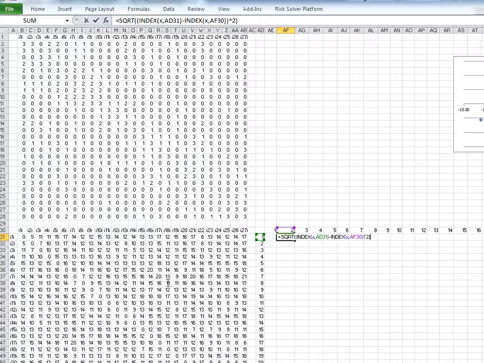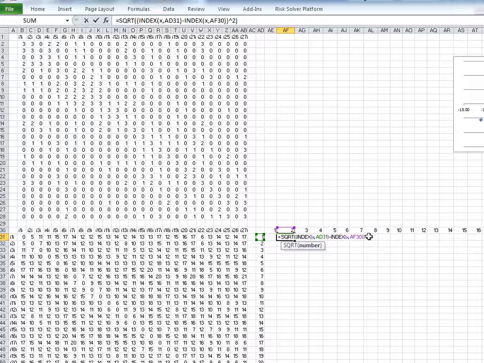So this is one x coordinate, this is another, this is the difference between the two, so it's the horizontal difference, or delta x, squared, and we get the square by clicking Alt and 94 and then releasing Alt from the right side of the keyboard, and then we get the difference between the x's.